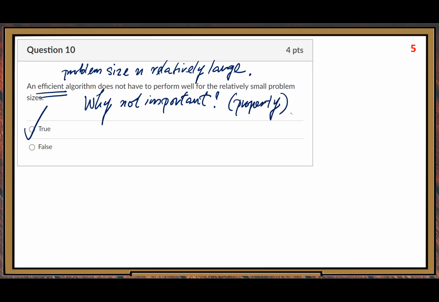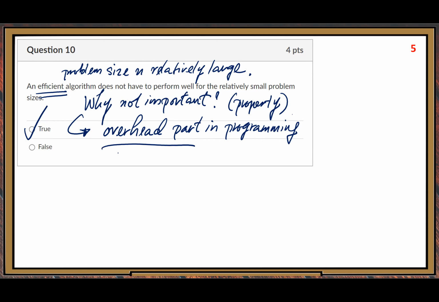This property is related to something called overhead in programming. What is that overhead part? Setup, data preparation.